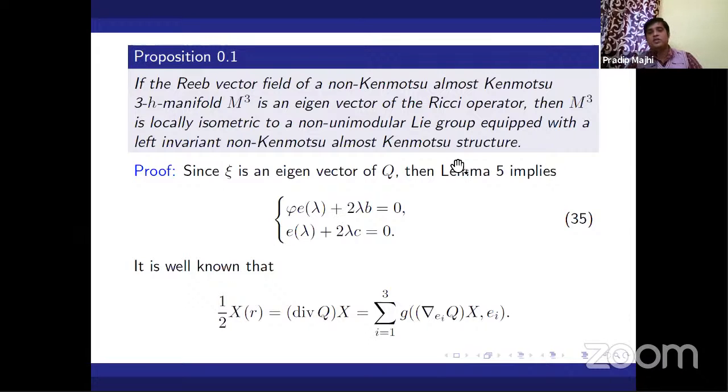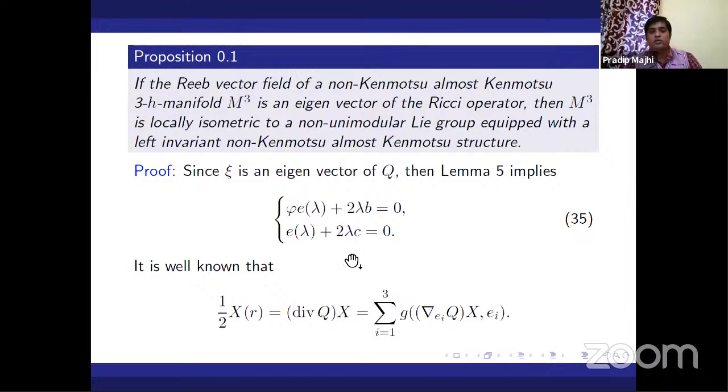In this case, since Chi is an eigenvector of the Ricci operator Q, we have from lemma 5, please remember lemma 5, the expression of the (1,1)-type Ricci tensor. We will use this part here, so we get equation 35.